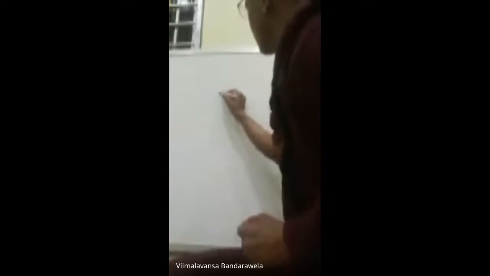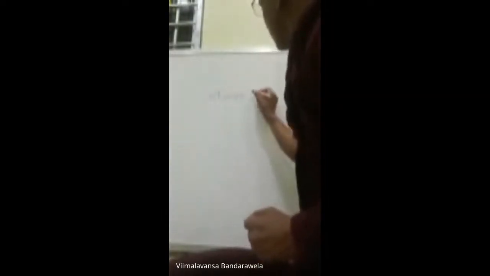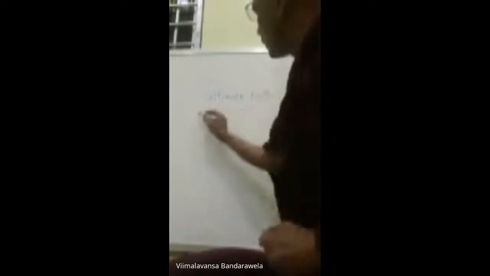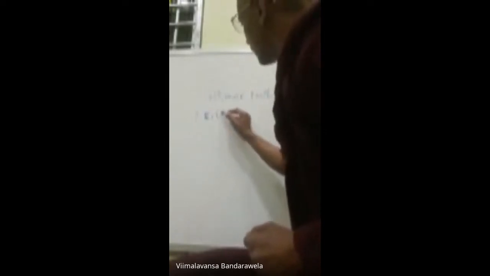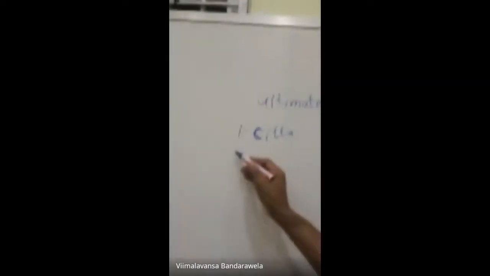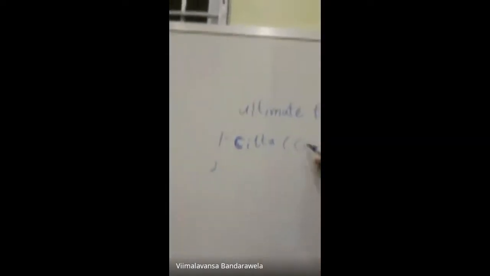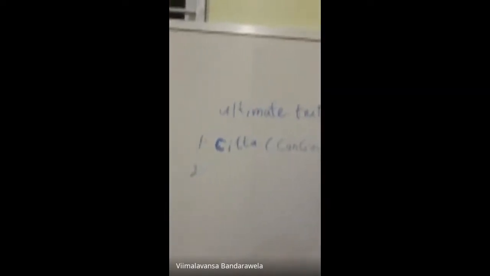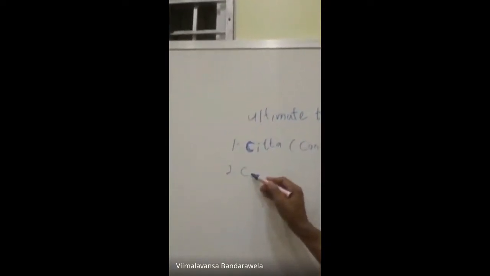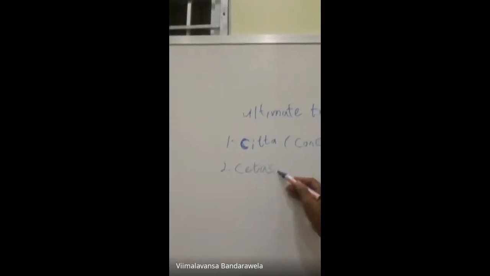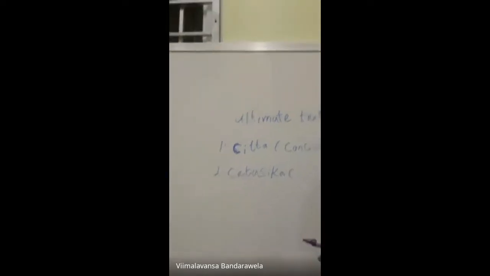Chitta means consciousness, all the consciousness. Then the second one is Cetasika.